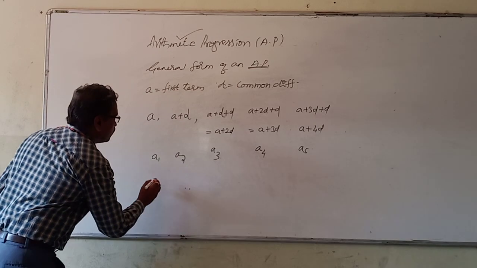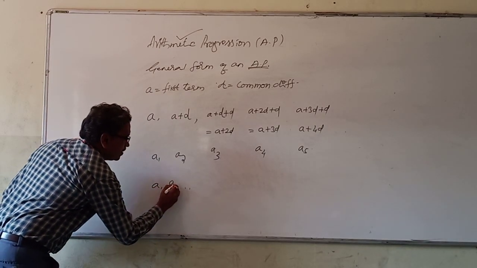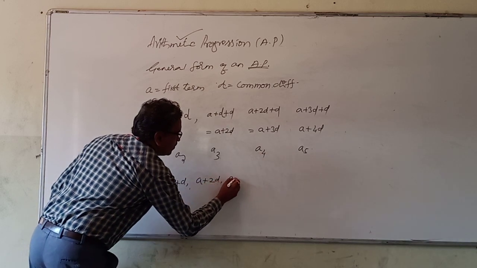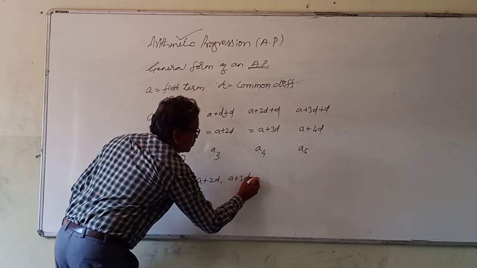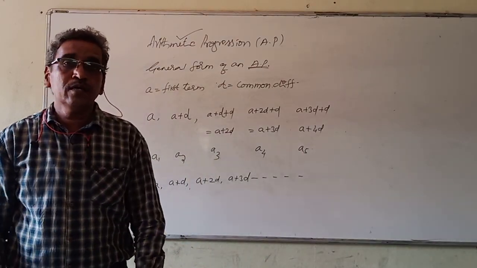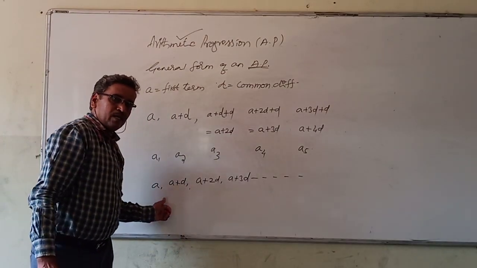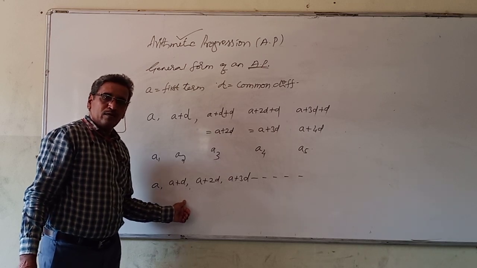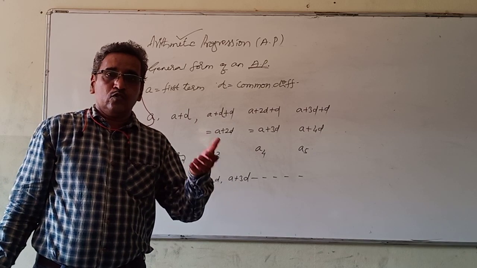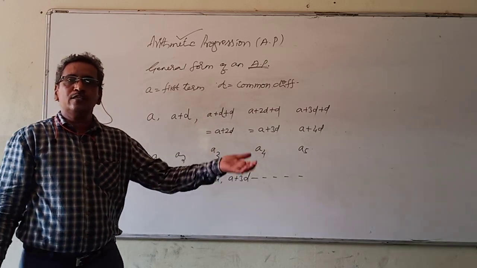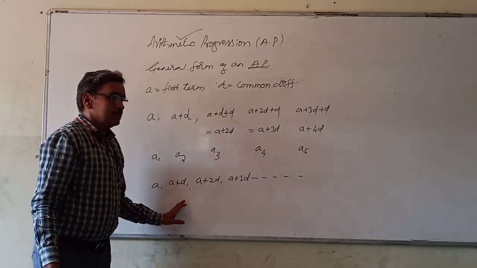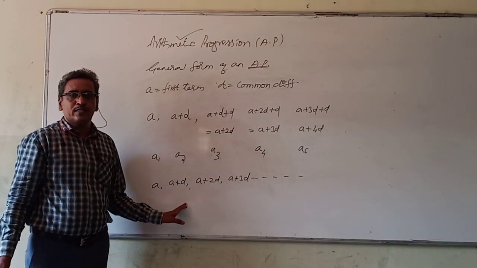So the general form is a, a plus d, a plus 2d, a plus 3d. This is said to be the general form of an arithmetic progression, where a is the first term and d is the common difference. That common difference can be calculated as the difference between a term and its preceding term, consecutive terms.